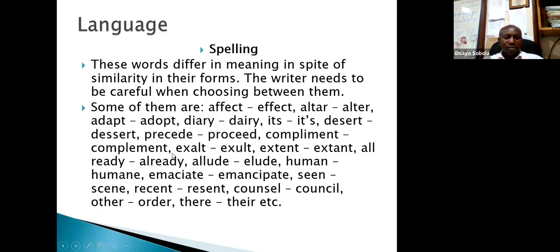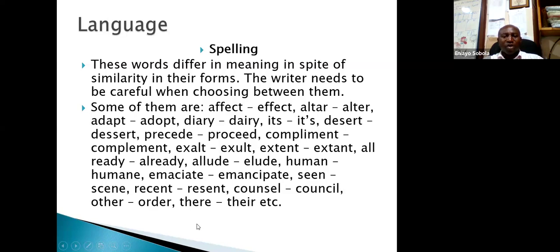Complement, compliment. Exalt, exault. Extent, extant. Already, all ready. Allude, elude. Human, humane. Emaciate, emancipate. Sin, sine. Recent, resent. Cancel, council. Other, there, their. So you realize that the pronunciation of these words is somewhat similar.